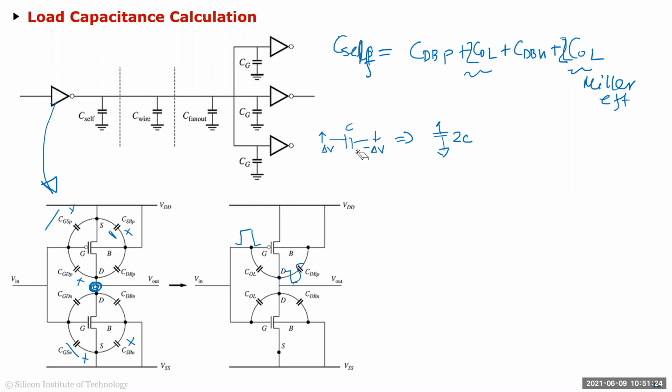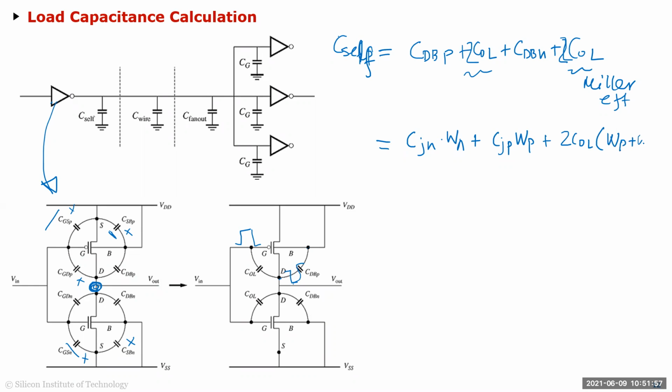So the junction cap is CJ junction times WN. And here in the textbook, obviously it's taking all the sidewall and the front as one. So it's just taking the perimeters out, but if you have to be accurate, then take the perimeters as well, because the sidewalls are actually the most dominant ones.